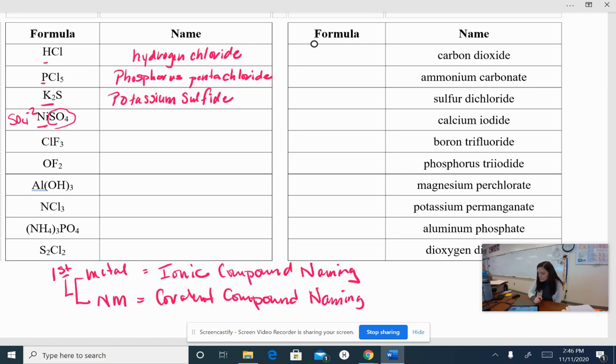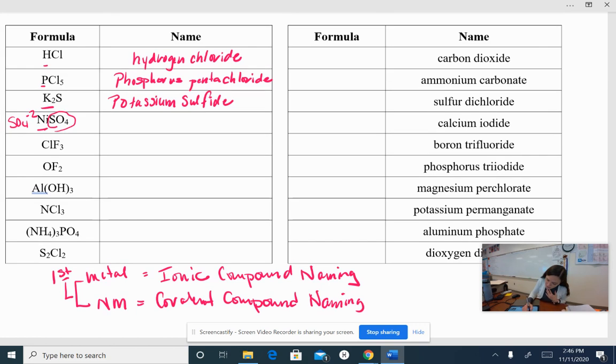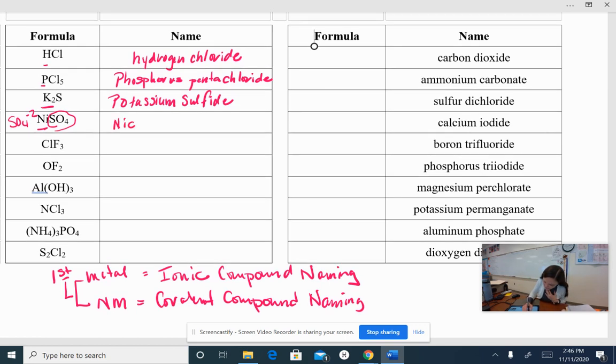And because nickel is a transition metal, we have to put a Roman numeral in designating the charge for that metal. So if sulfate is a -2 charge, that means nickel has to be a +2 charge to have the whole thing add up to 0. So we're going to call this nickel, Roman numerals 2 sulfate. Okay.